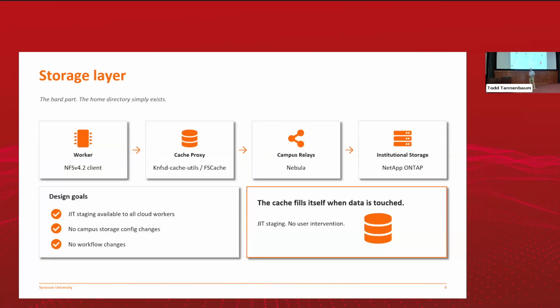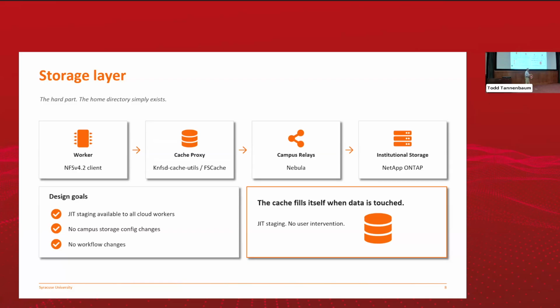So next is the storage layer. This is one of the ways that we're taking that NFS traffic and pushing it into the cloud. I'm using a tool called knfs-cache-utils. This is a kernel NFS proxy exporter with FS-Cache built into it.